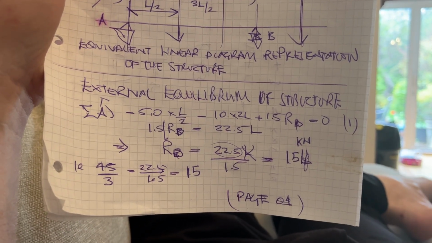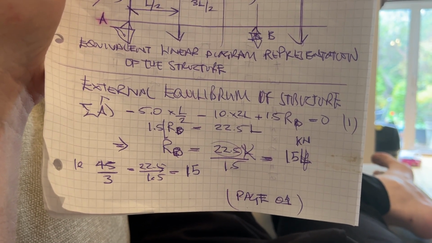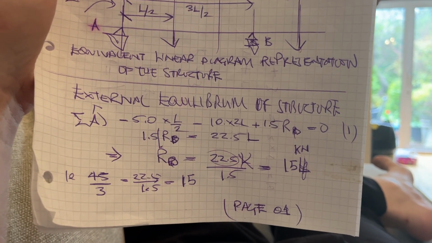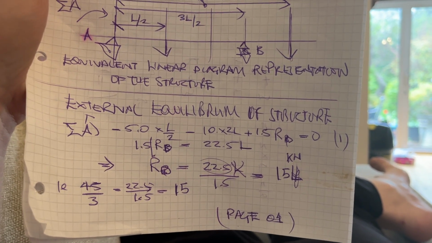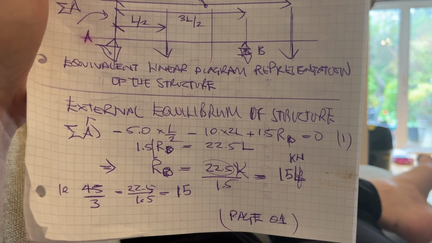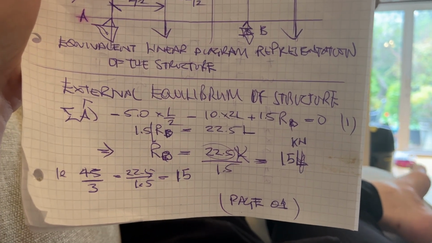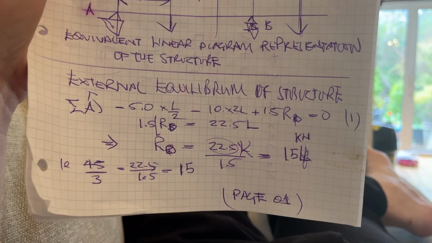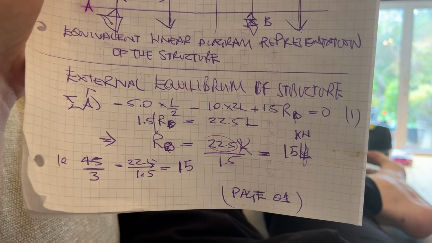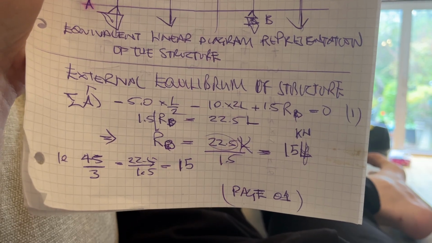So 1.5L RD equals 22.5L, because minus 5 times L over 2 is minus 2.5L, and minus 10 times 2L is minus 20L. Therefore, minus 20 minus 2.5L is 22.5, and then take it to the other side.